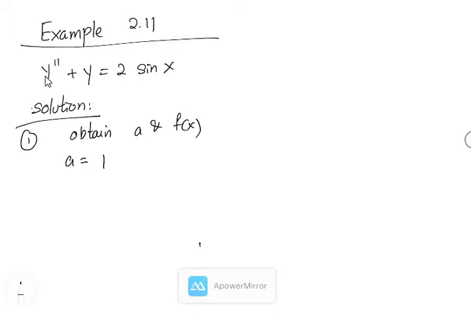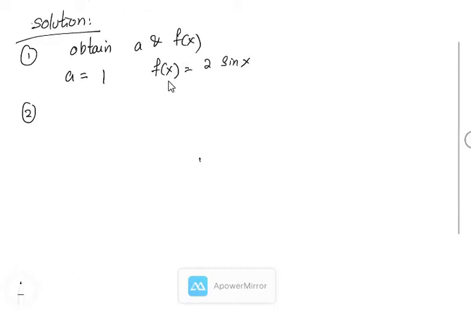A is equal to 1 because the constant of y double prime is 1, and f(x) is equal to 2 sin x. Then step 2, we need to find the yc, the complementary function.